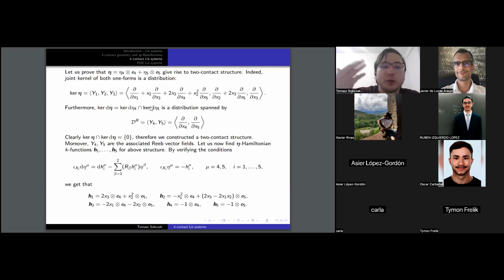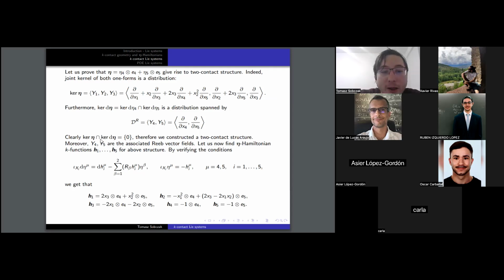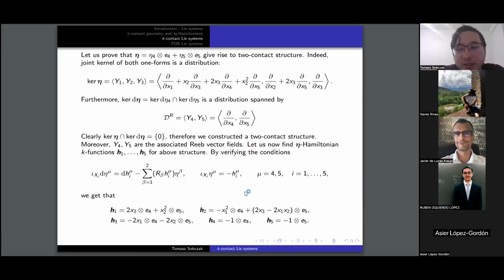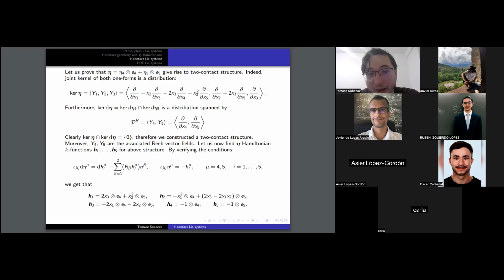If we combine those, we can easily check that the kernel of this eta is given by the intersection of the kernels of d eta 4 and d eta 5. Clearly they are of constant rank and co-rank, and they do not intersect. So this is the two contact structure. And we can finally find its eta Hamiltonian K functions, verifying these conditions.